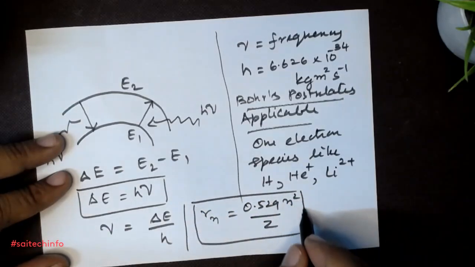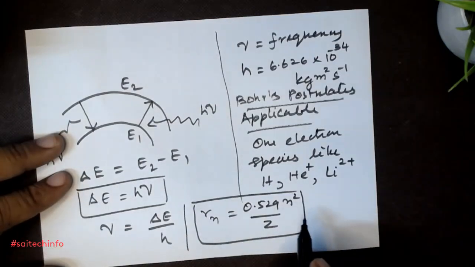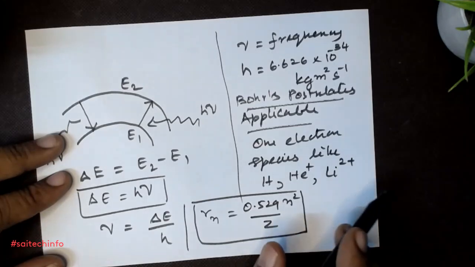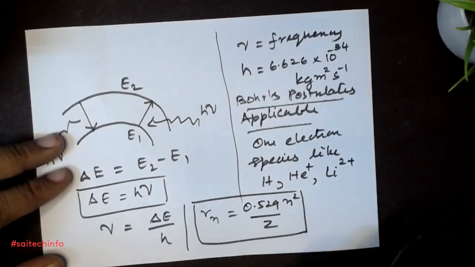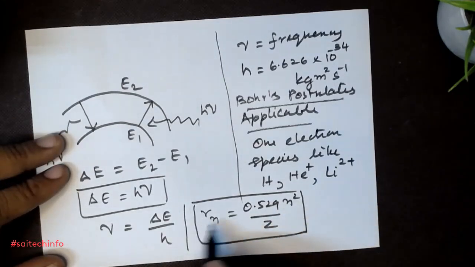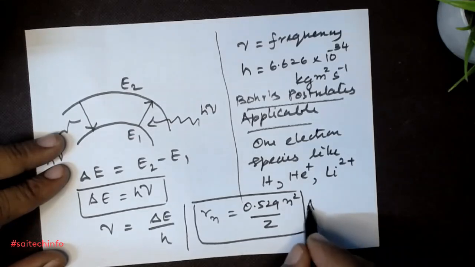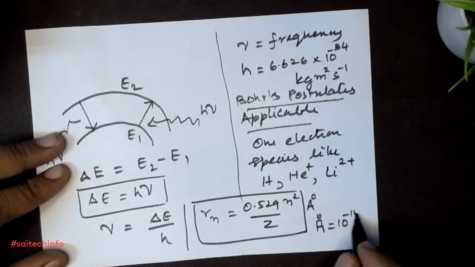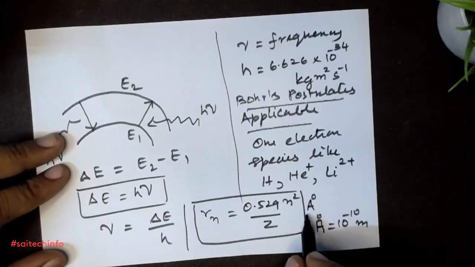N is the quantum number. So in this case, whether it is first energy level, second energy level, third energy level, n is the integer. It is given in Angstrom. 1 Angstrom means 10 power minus 10 meter. Okay.